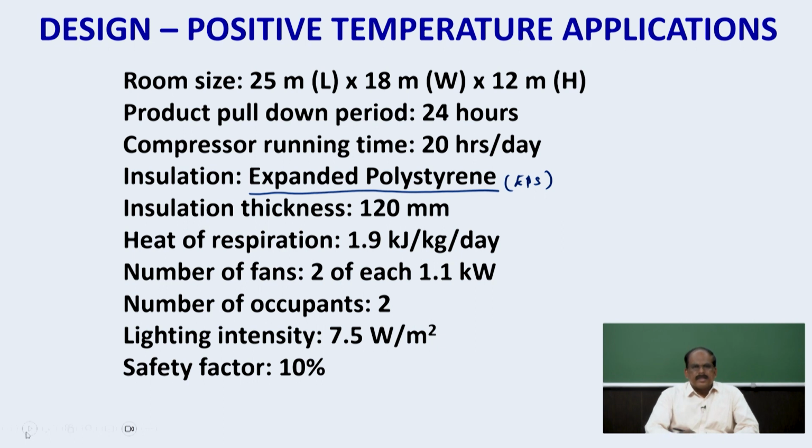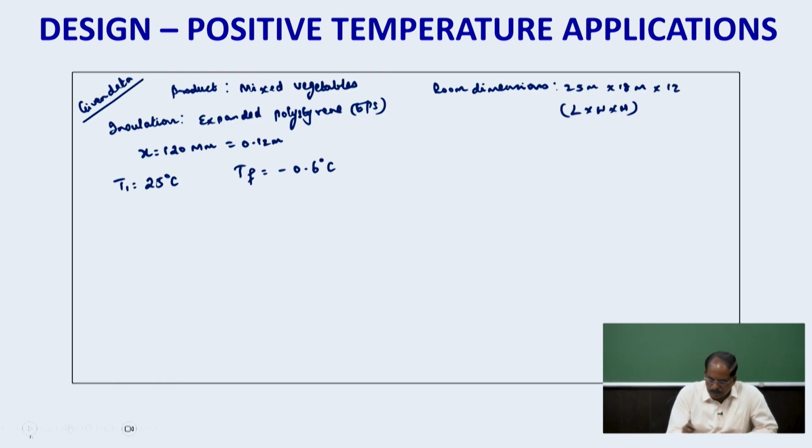But since the storage is pertaining to positive temperature application, we will be calculating only the sensible heat above freezing. So, here there is no need to write this freezing point. So, the product is cooled from 25 degrees centigrade to 2 degrees centigrade. So, that I will take it as TF, above freezing storage temperature.